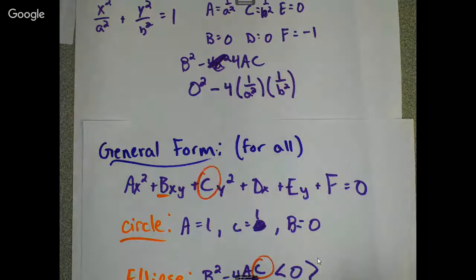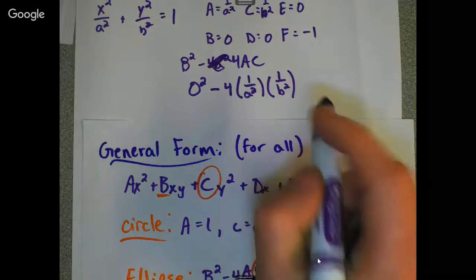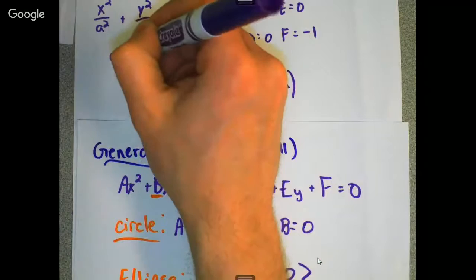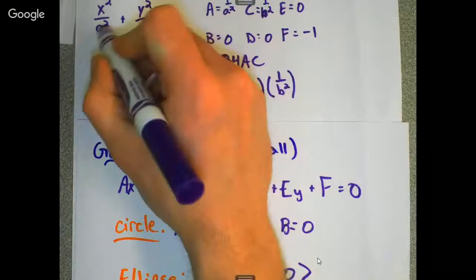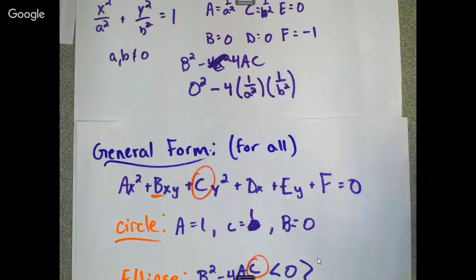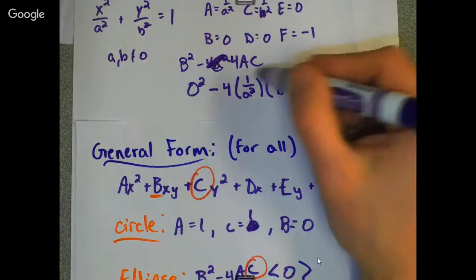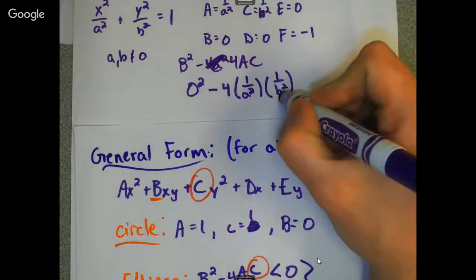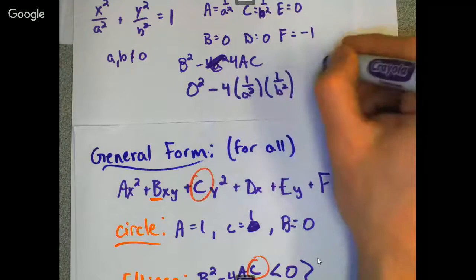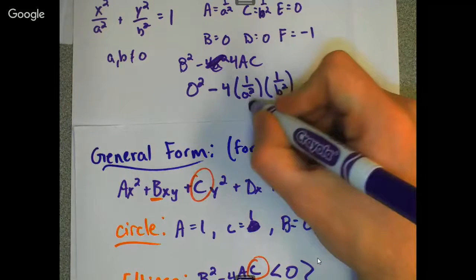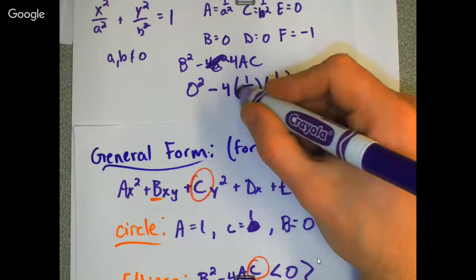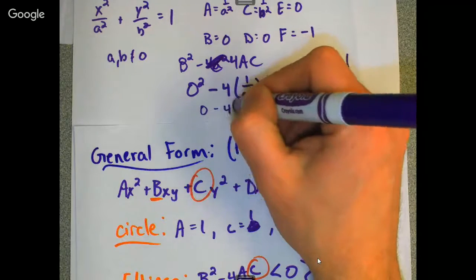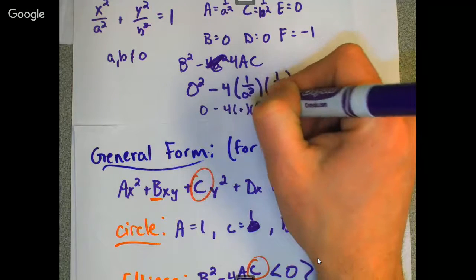Okay. Now, if we're going to assume that a and b do not equal 0, because I can't divide by 0, so these are non-zero numbers, and they have to be positive numbers because we're squaring them. So even if a is -1, -1 squared is still positive. So all these are positive. So you have 0 minus 4 times some positive number times some positive number.